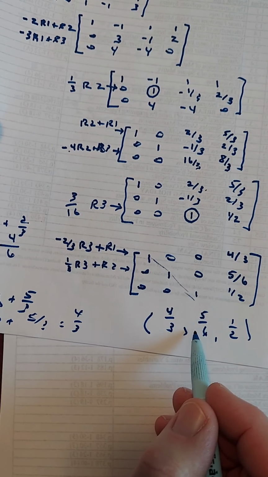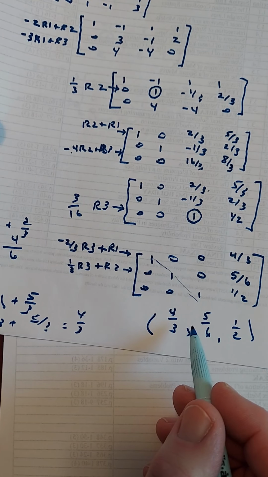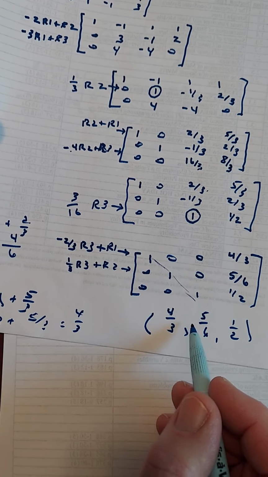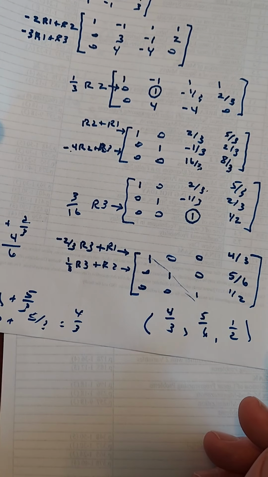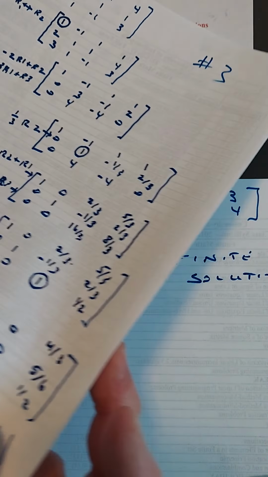That is a unique solution. That is considered a point in space somewhere. When you have 3, it's a 3 by 3, so it's not 2-dimensional, it's 3-dimensional.